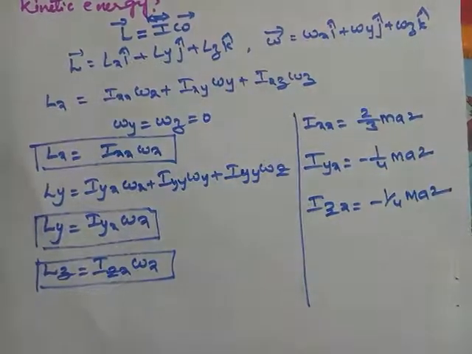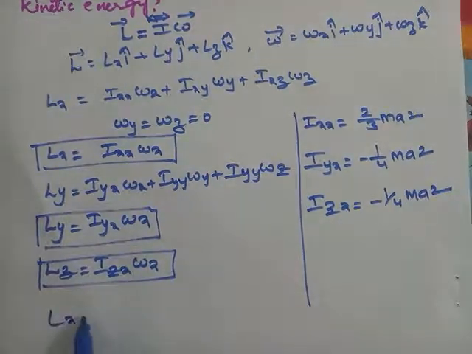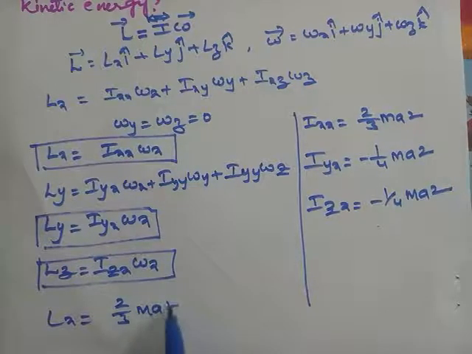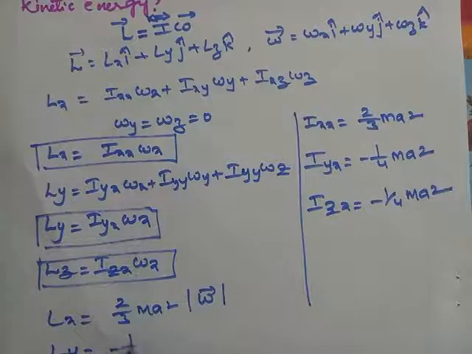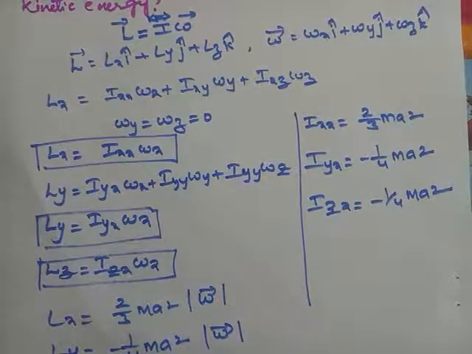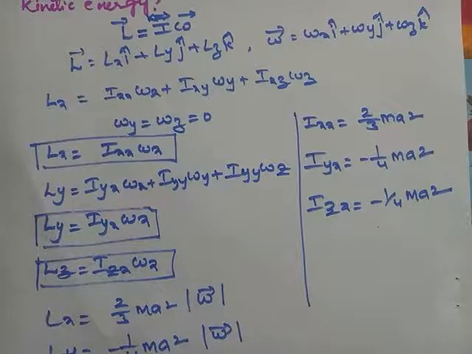We got three values, and substituting here, Lx can be written as 2 by 3 m a square omega bar. Here Ly can be written as minus 1 by 4 m a square omega bar. So Lz is equal to minus 1 by 4 m a square omega bar. These are the Lx, Ly, Lz.